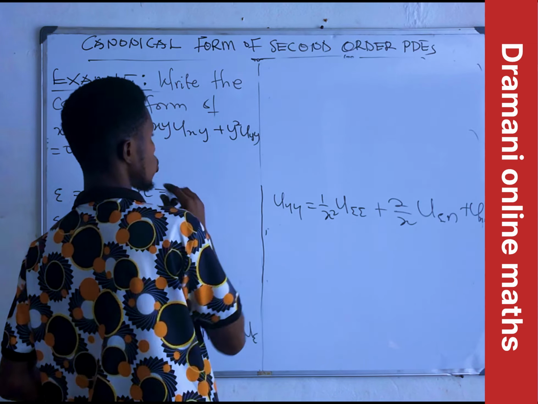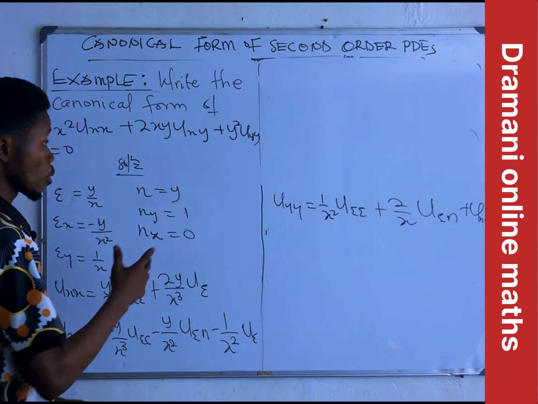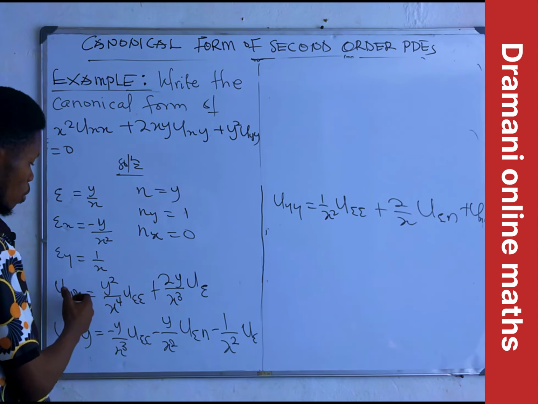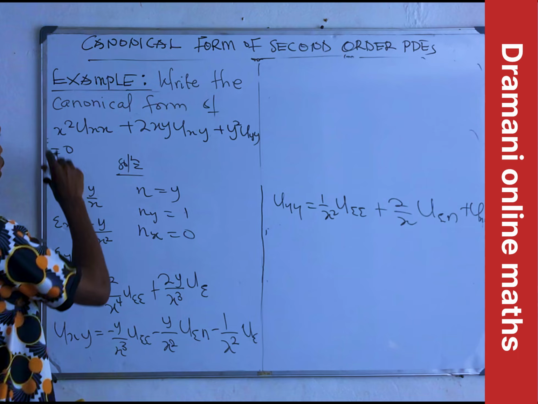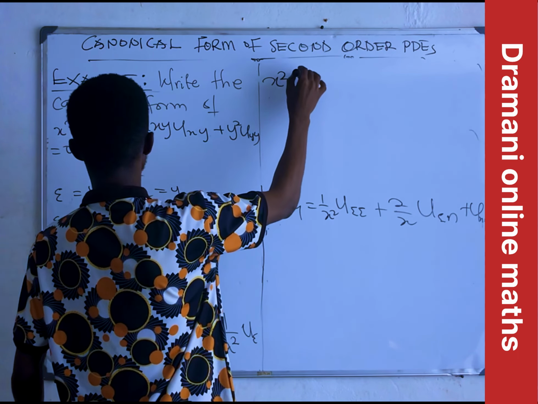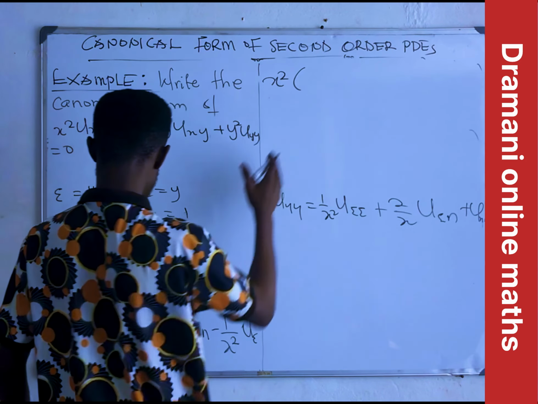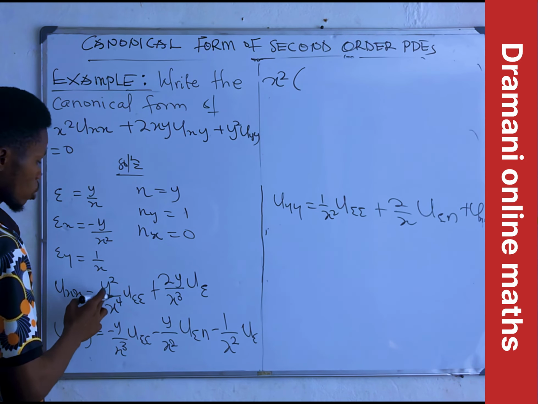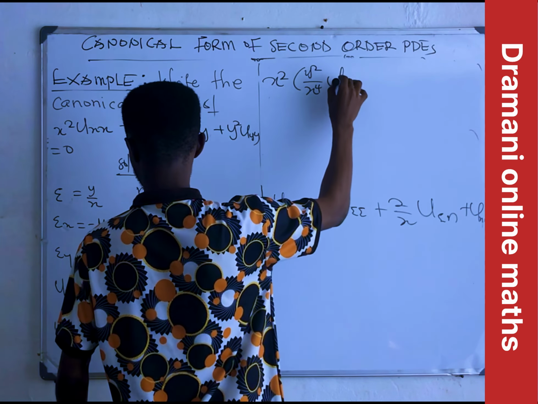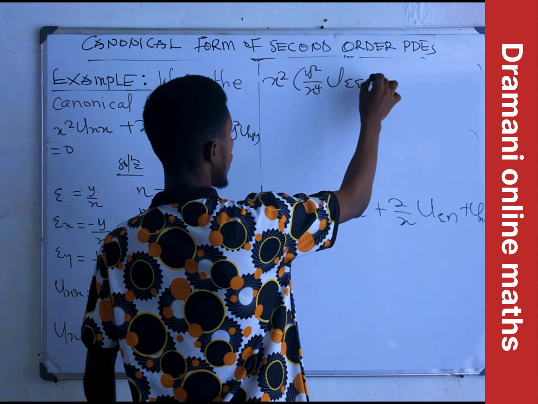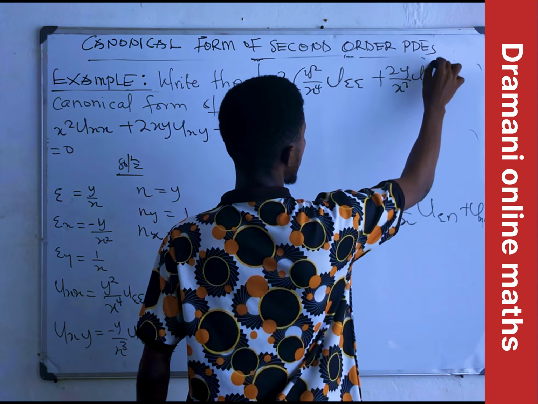Okay, like this. So now what I'm going to do next is that I'm going to substitute 1, 2, 3 into this formula. Okay, so the first one is x squared bracket open u_xx, sorry, now the u_xx is what I have here. y squared over x to the power 4 u_ξξ plus 2y over x to the power 3 u_ξ.